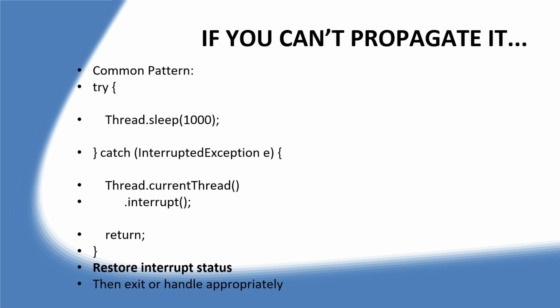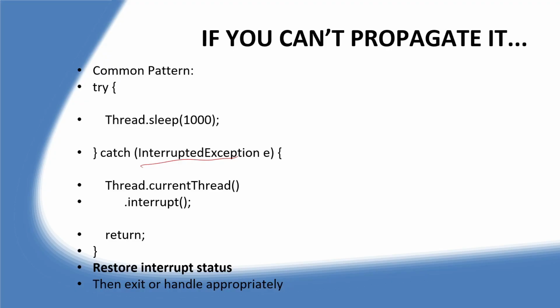If your method can propagate InterruptedException, that may often be the cleanest option, because it allows the caller to decide how to respond. But sometimes you catch InterruptedException inside a method that cannot or should not rethrow it directly.